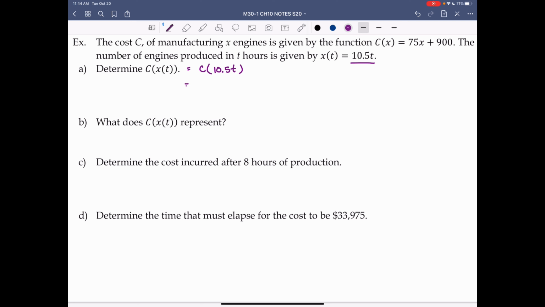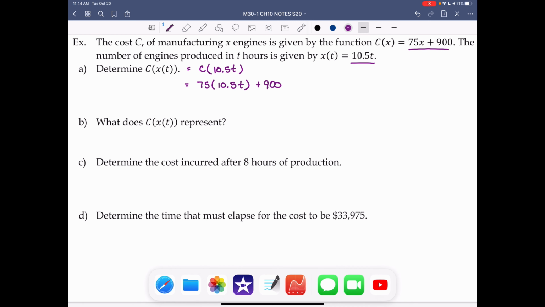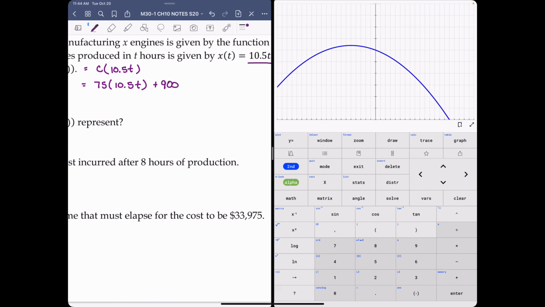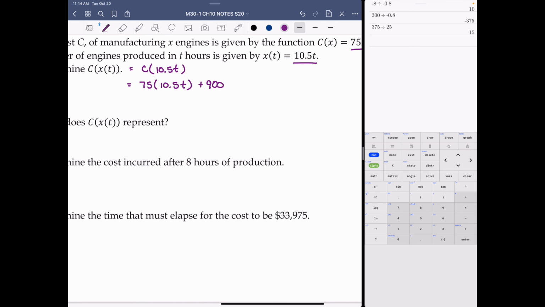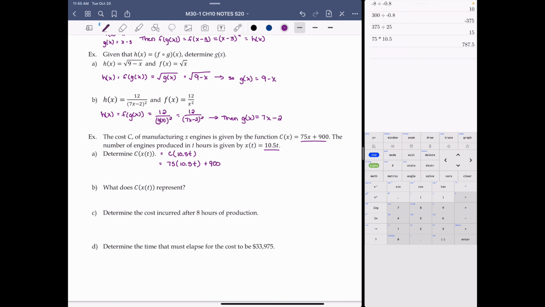Plug 10.5t into the function C wherever there is an x, and we get 75 times 10.5t + 900, and then we can multiply the first term. 75 times 10.5 gives us 787.5. So C(x(t)) = 787.5t + 900.